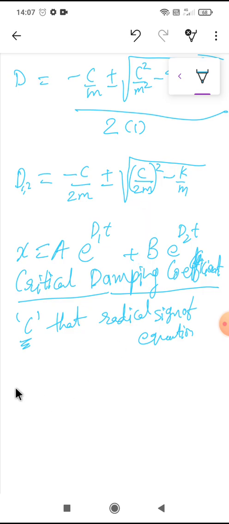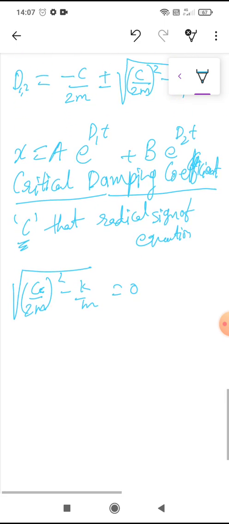Let's write this term equal to 0: (c by 2m) whole square minus k by m is equal to 0. When this term is equal to 0, the damping coefficient will be Cc, not C. So this damping coefficient we will call the critical damping coefficient.